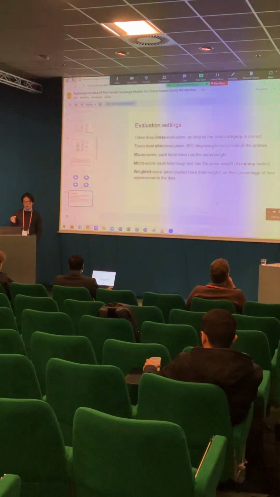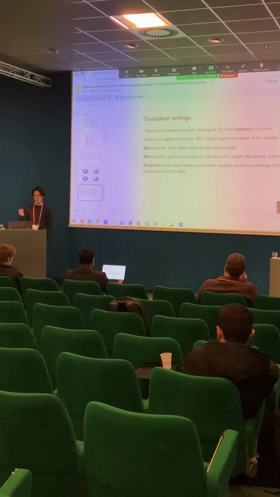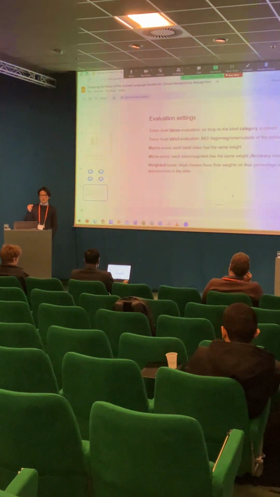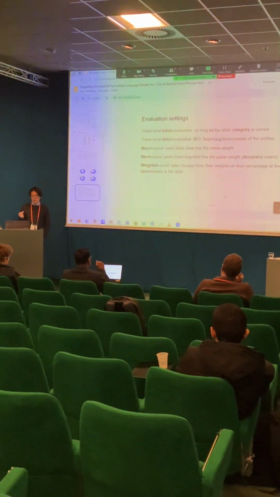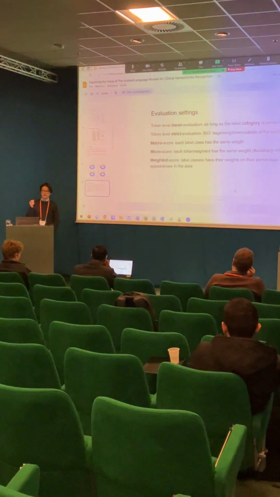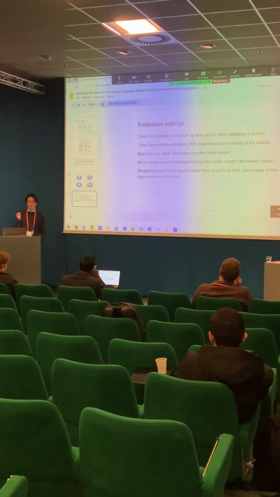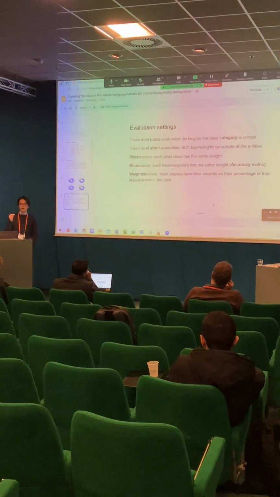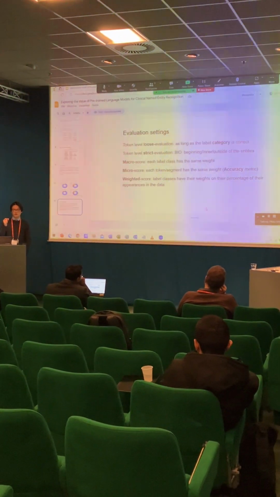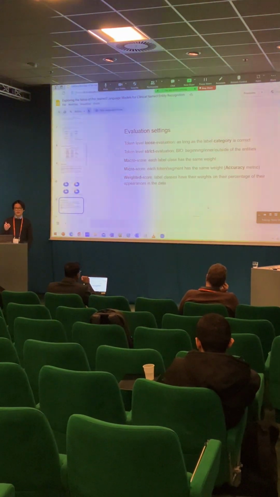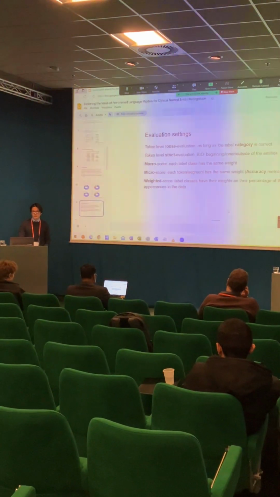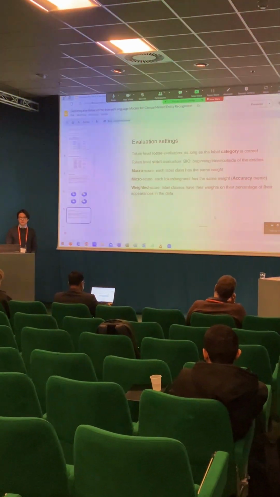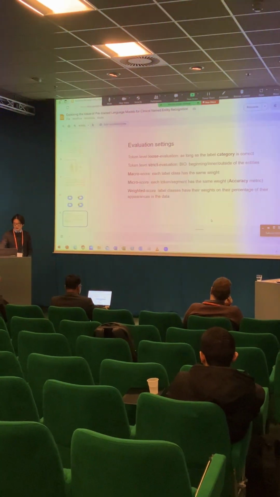However, micro score will give each token the same weight, whether it's a special label or not. And the weighted score weights each label category according to the percentage of the population it occupies. So according to your application, you will think about which one is more important. I'll talk about this later.